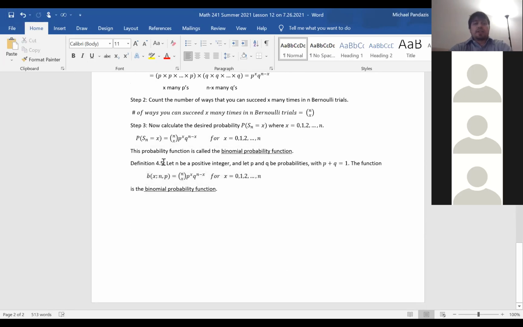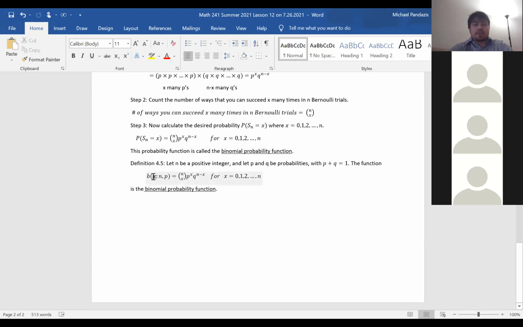Definition 4.5. Let little n be a positive integer, and let p and q be probabilities with p plus q equaling 1. The function b of x colon n comma p is equal to n choose x, p to the x, q to the n minus x, for x between 0 and n inclusive, is the binomial probability function. The one we just talked about is the binomial probability function.